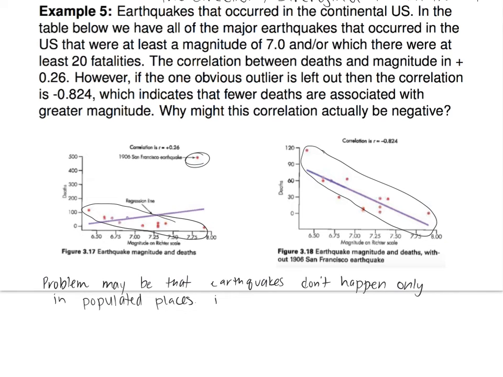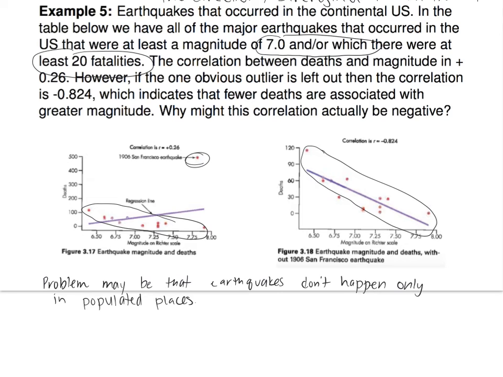I mean, they left out Alaska here probably for an obvious reason, because it was going to destroy the relationship, and there are lots of earthquakes there. But with a magnitude of 7.0 or higher, you could have lots of high magnitude earthquakes that occurred someplace where there weren't a lot of people, like the West Coast and the mountains, and of course there were not many fatalities, if any.